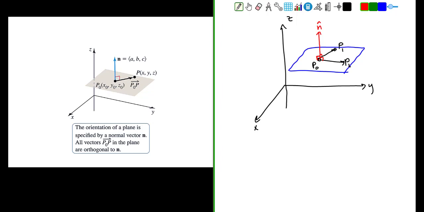So then the task is, let's see if we could come up with an equation that uniquely describes a plane in space. If we were to guess what that equation would involve, we should guess that it would involve a normal vector.